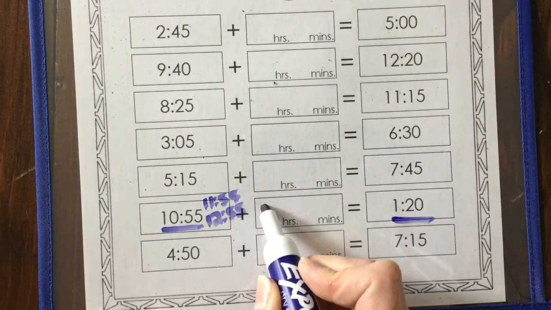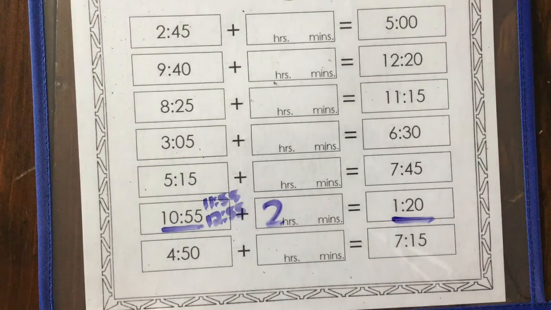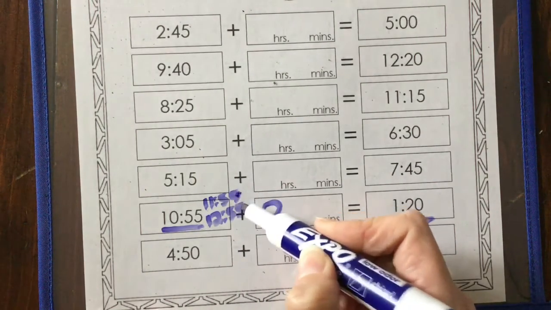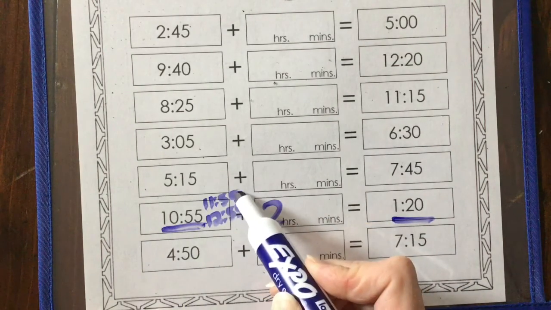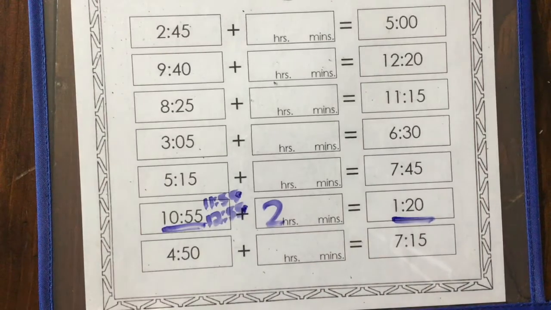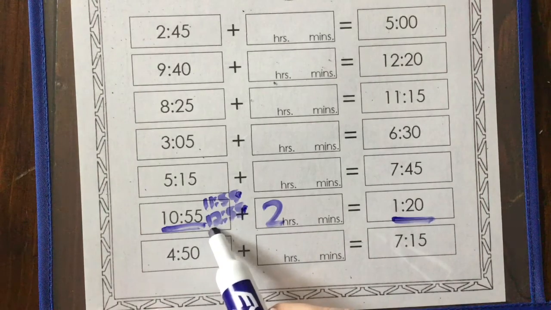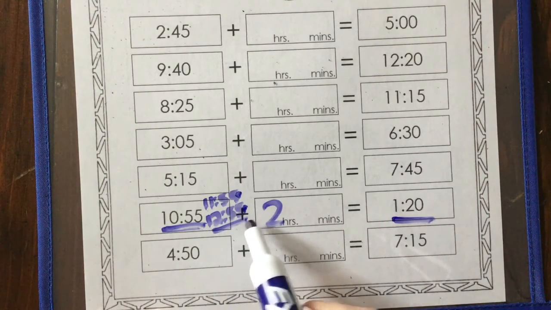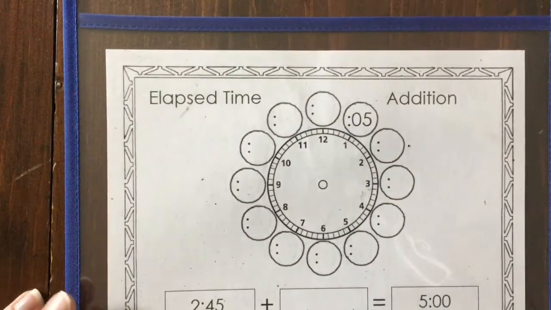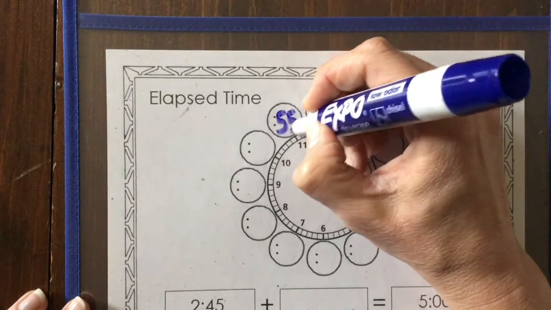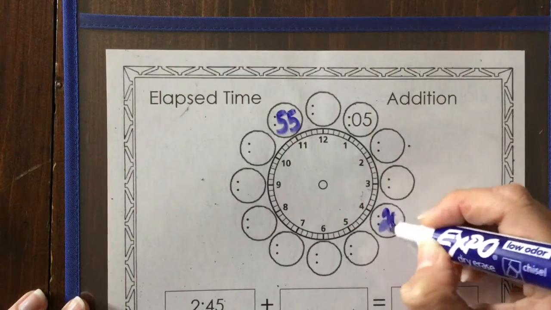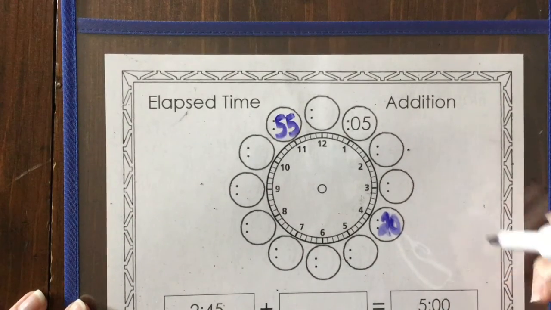So my elapsed time in hours is 2, and I just count. How many hours did I write down? I don't count the one I started with. I count 1, 2 hours. So now I need to go from 12:55 to 1:20. So if I look up here, I know that 55 will be right here, and 20 is here on my clock.